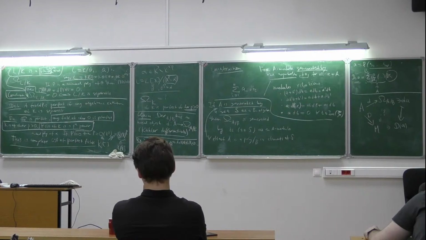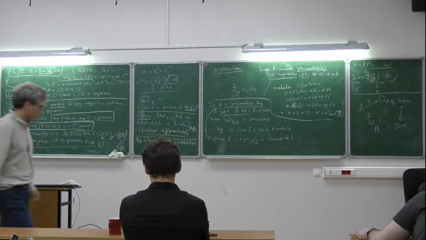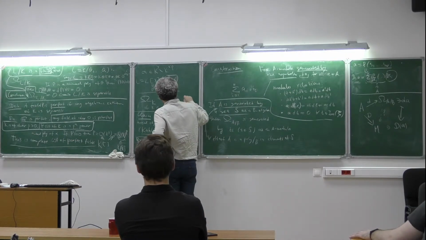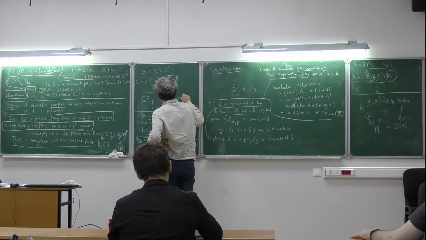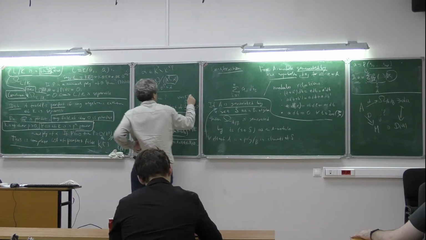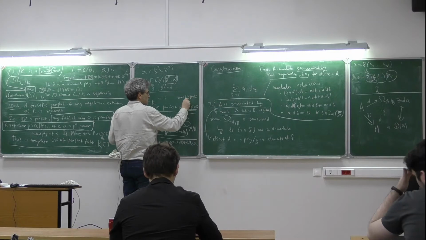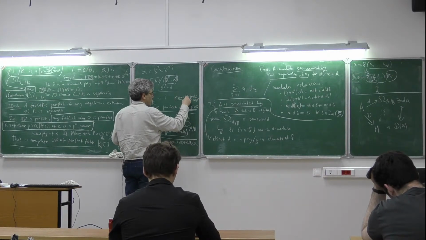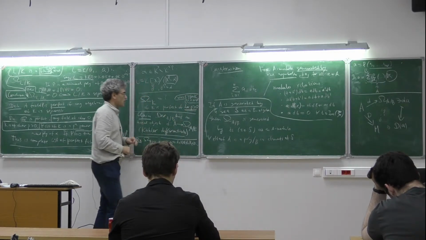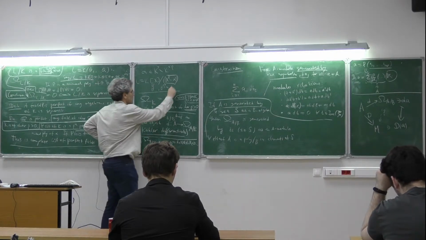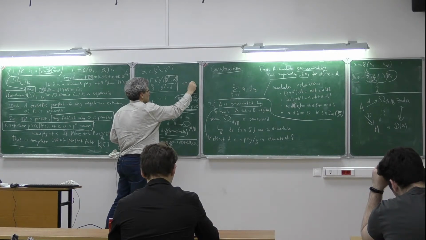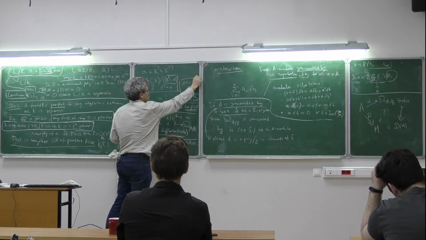It is 0, because for any alpha in K, there is a beta in K such that alpha is beta to the pth power. And therefore d alpha is 0 for any alpha.